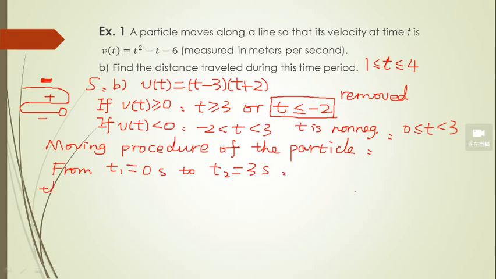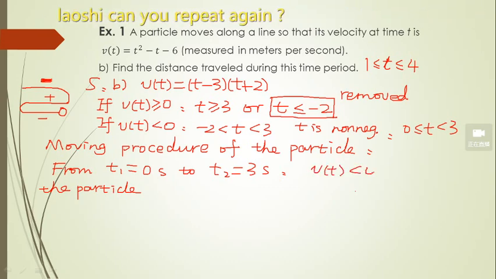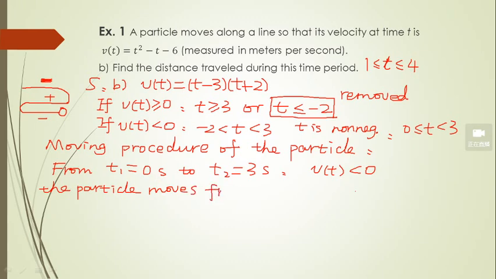What is the sign for the velocity? Velocity is negative, right? Velocity is negative, which means the particle moves toward the left, which means it moves from the right to the left this way, right?